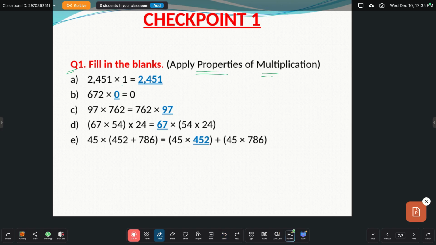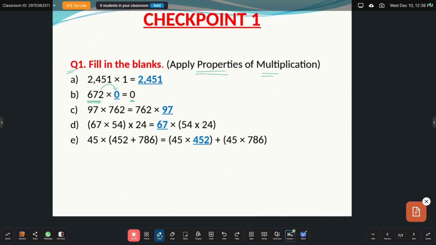Now, we will move to part number B. Part number B is 672 multiplied by something is equal to 0. That's blank in your books here. Recall zero property. We studied that whenever we multiply any number by 0, the result is always 0. The product is always 0.